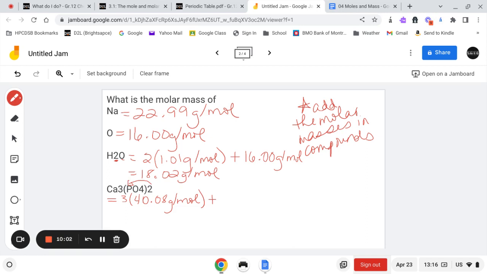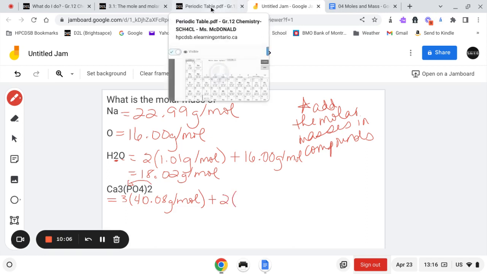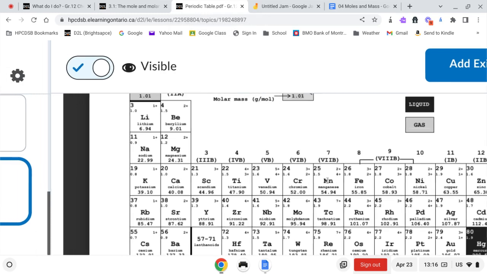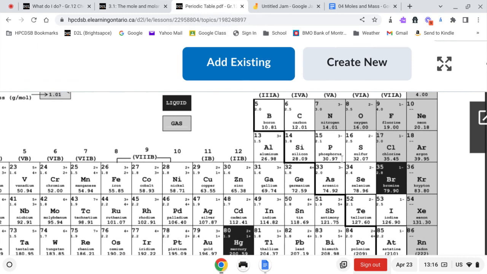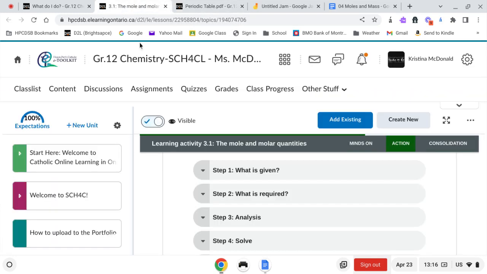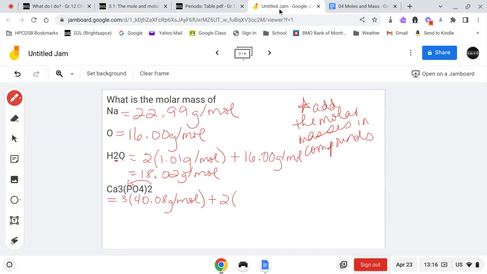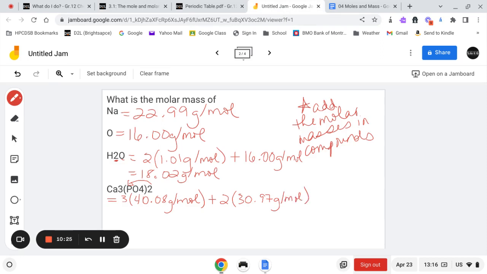So I want to look up what the phosphorus will weigh, and keep in mind that I have 2 atoms of it because of that bracket and because of the 2 outside. So phosphorus weighs 30.97. So I'm going to come back and say that I have 2 of those times its molar mass of 30.97 grams per mole.